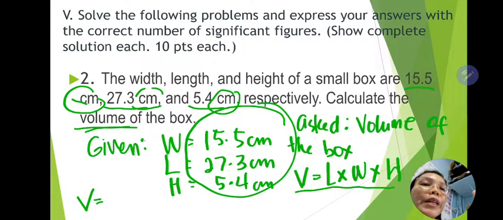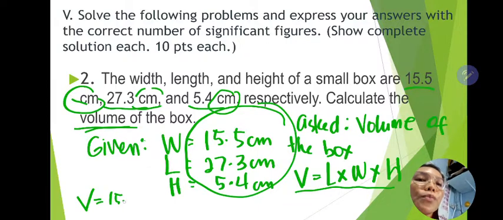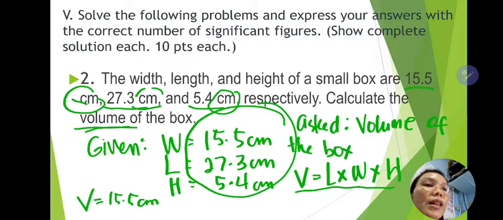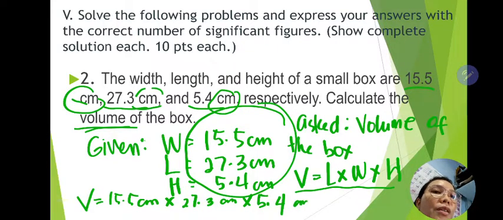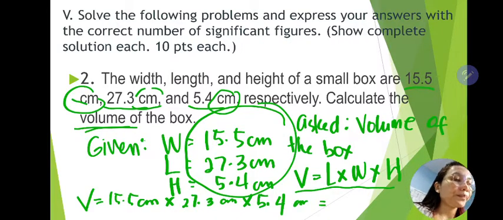So, volume will be equal to 15.5 cm. Don't forget the unit of measurement. Times 27.3 cm times 5.4 cm. So, that will give us 15.5 times 27.3 times 5.4. So, you will have to use your calculator in our exam.